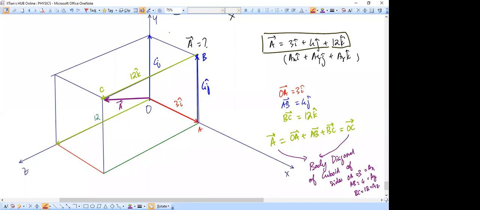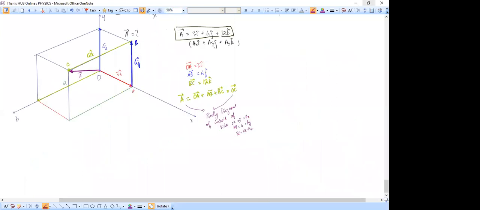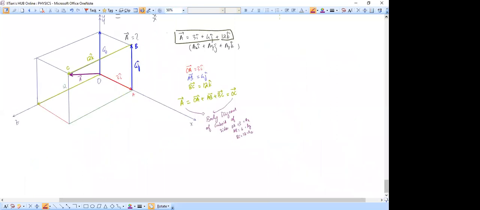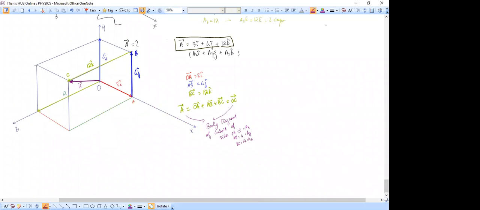Understood? So when we write a vector as Ax i cap plus Ay j cap plus Az k cap, what is the easiest way to visualize that vector? Just imagine you drew a cuboid whose perpendicular edges are Ax, Ay and Az. So such a cuboid's body diagonal is nothing but the vector A, which has the three components Ax i cap, Ay j cap and Az k cap. You understood the point? So that is the visualization, that it is the body diagonal.